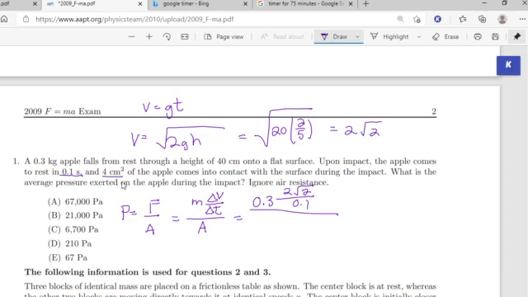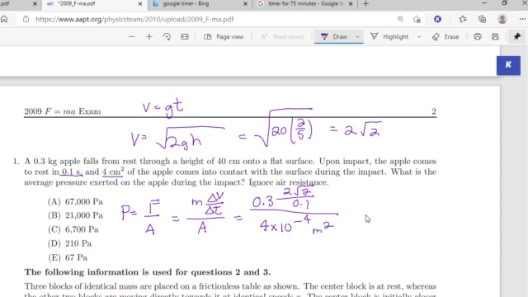And finally, 4 centimeters squared of the apple. And this is tricky. A lot of people are going to say, oh, wait, that's 0.04 meters. But remember, it's squared. So in reality, this would be 4 times 10 to the negative 4 meters squared.